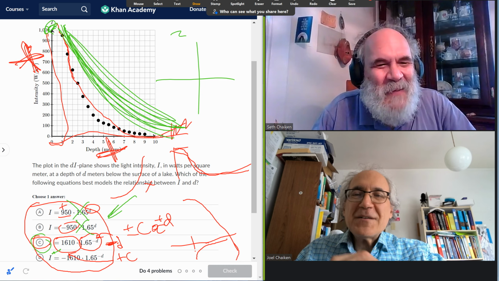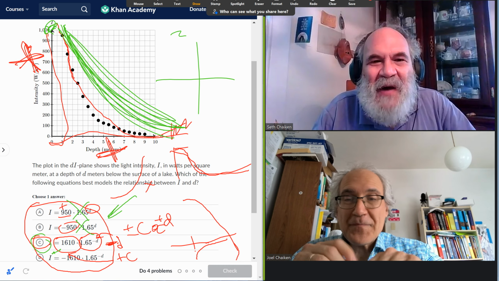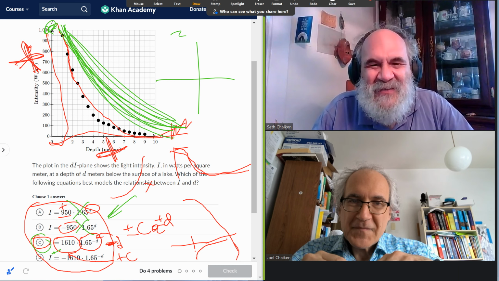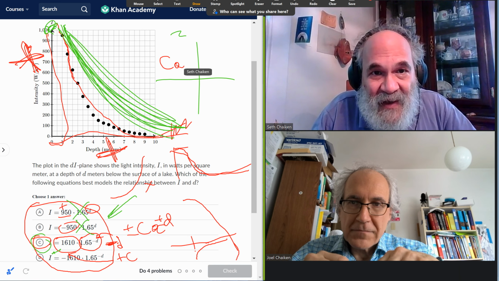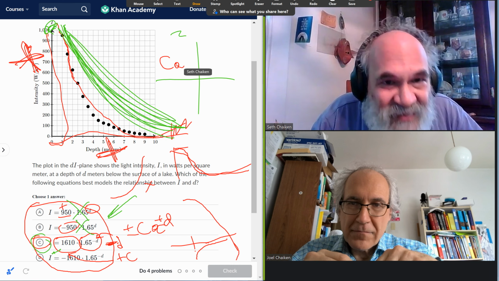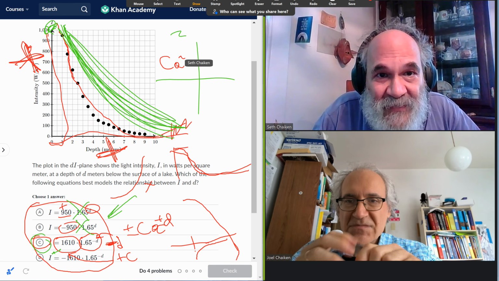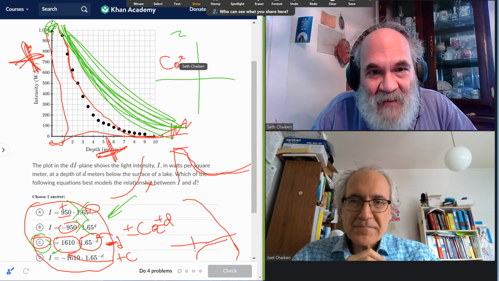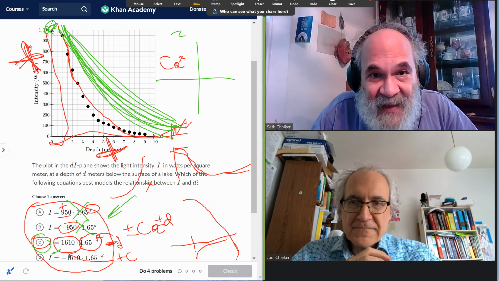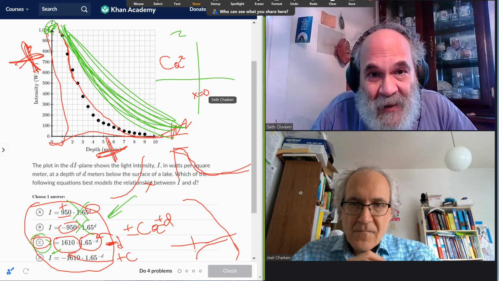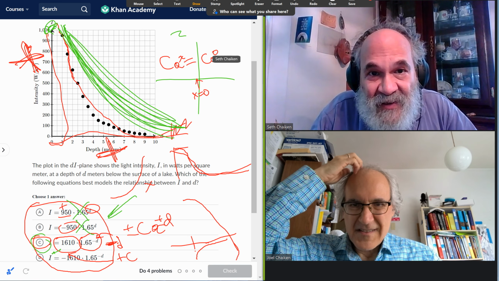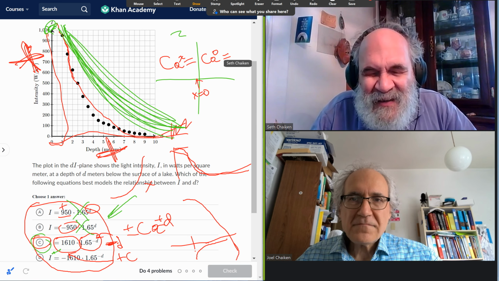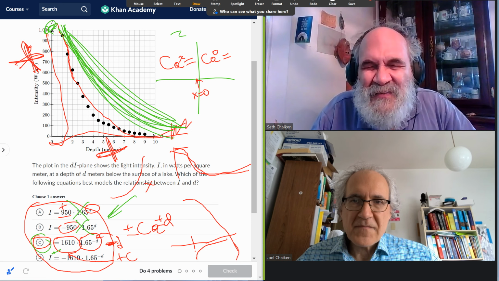The thing that's important to know about exponentials is C a to the x. First of all, when x equals 0, this thing equals C a to the 0, and any positive base to the 0 is 1.